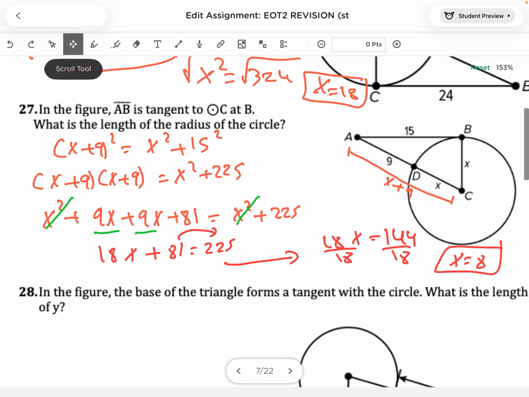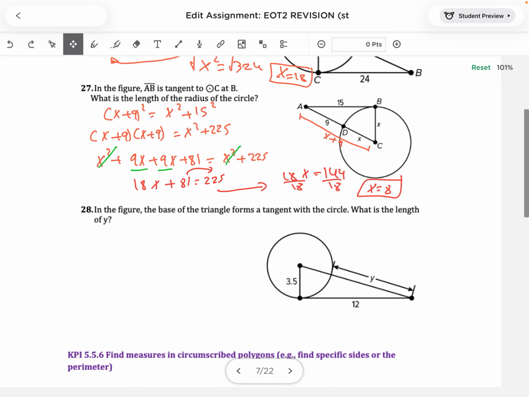Next one is the same story, but we did something different this time. We called all this to be x, which is y plus 3.5, the other radius. So x squared will be 3.5 squared plus 12 squared.